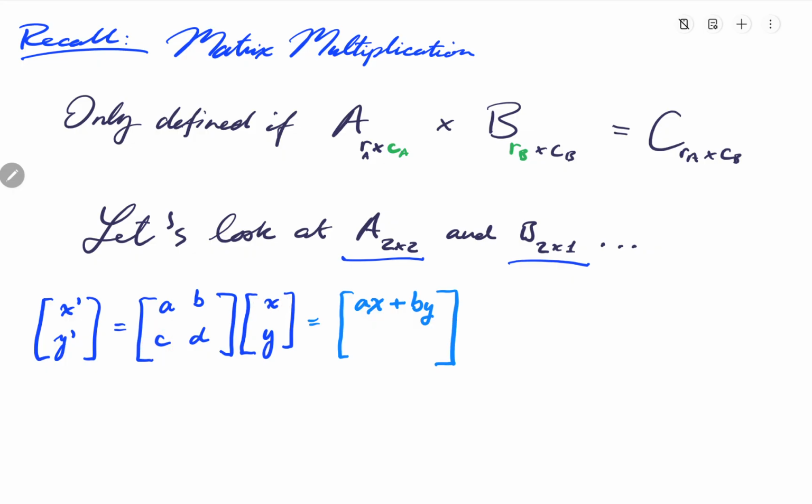So that would give us cx, and then you would take your second number in your second row times the second number in your first column, which would give us plus dy.